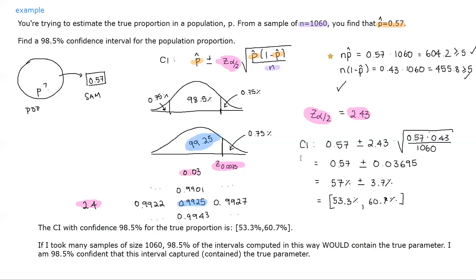Now, I want to end this with a little note on the fact that this is an example that we had talked about at the beginning of the week, which was the case where we had a sample of students that answered that they made friends online. So we said 57% of teenagers said that they met friends online from a sample of 1060, and then the article had cited a margin of error of 3.7%, and this is where we get that 3.7%.